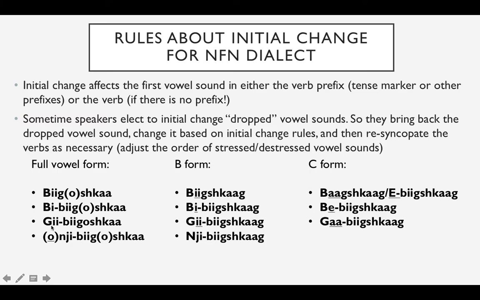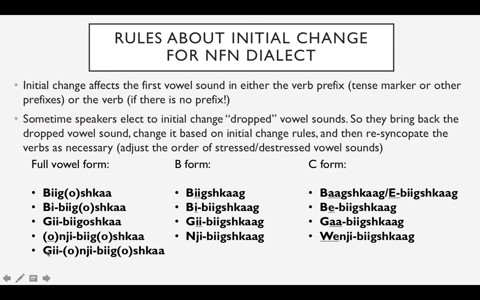So we do that to the first vowel sound, either for the verb, the prefix, and the secret vowel sounds that are in front that are often dropped. So njebigshkog becomes wenjebigshkog or enjebigshkog. So our O sounds change to WEs or E sounds.